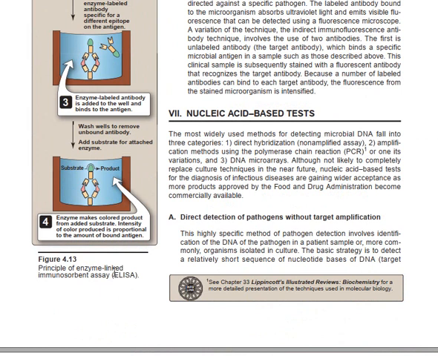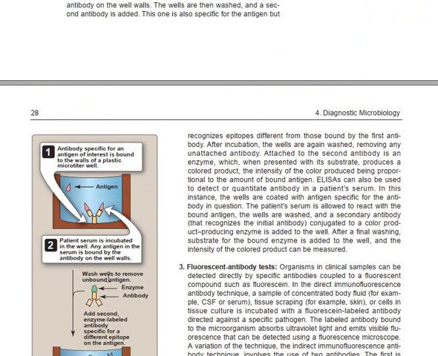Now the principle of the enzyme-linked immunosorbent assay is another method of identifying microorganisms. So if you still want to identify antibodies, an antibody specific for an antigen of interest is bound to the wall of the plastic microtiter plate, as you can visualize here.